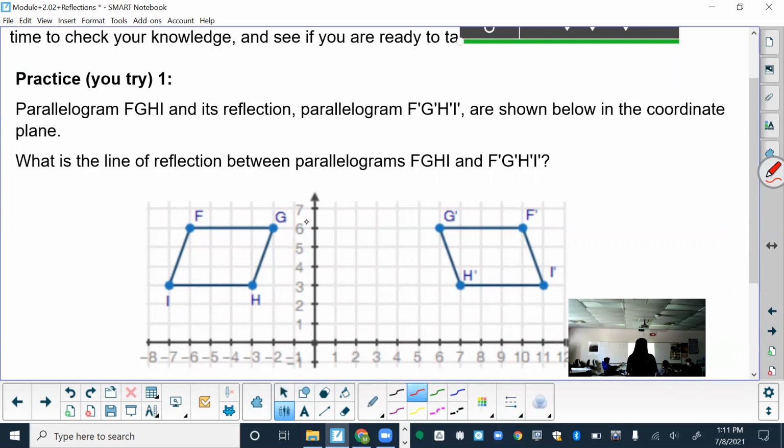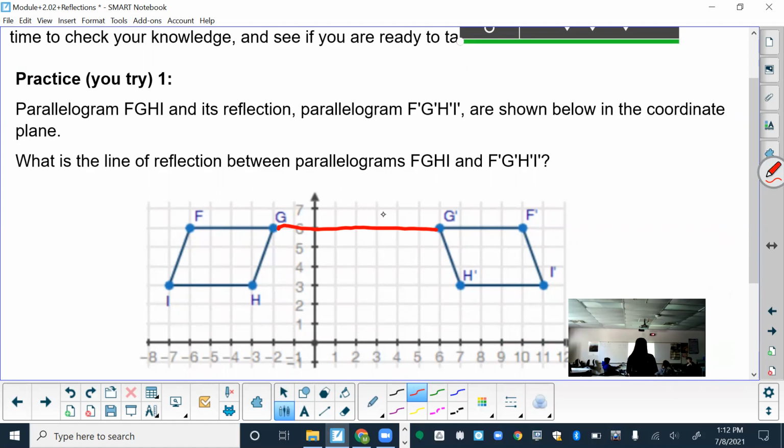So if we had to figure out the rule, and we know that they should be an equal distance away from the reflection line, then all I have to do is count the distance from each corresponding point. Right, so how many spaces away is G from G prime? 8.